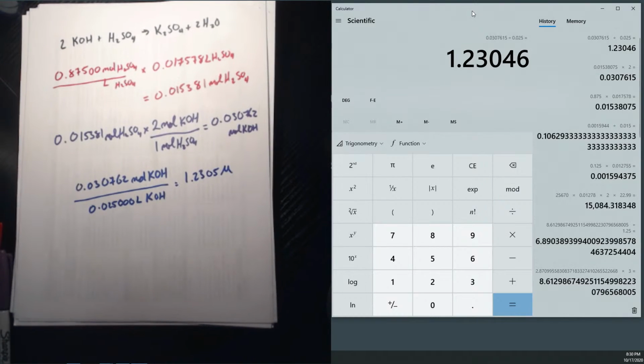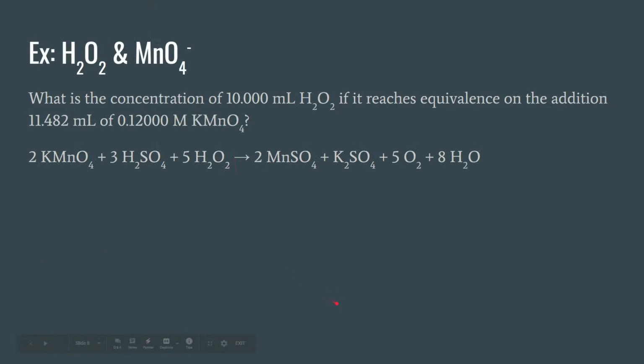All right. So that is yet another example of a titration. So we can do more than just find concentrations, but that's all you'll be able to do right now because you just haven't learned quite enough chemistry. But it works for more than just acids and bases. For example, this here is a reaction between potassium hydroxide, hydrogen peroxide and potassium permanganate.